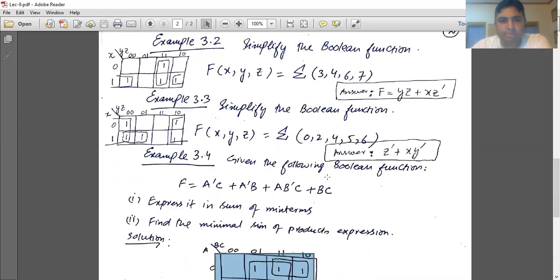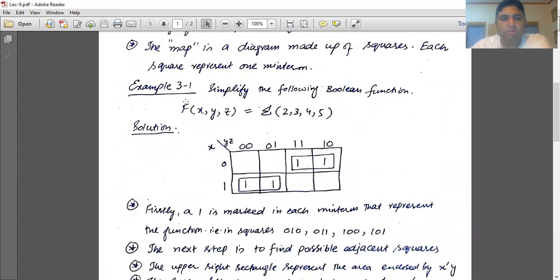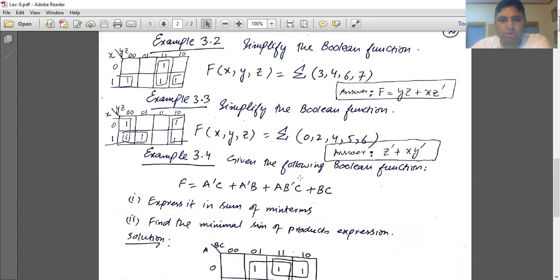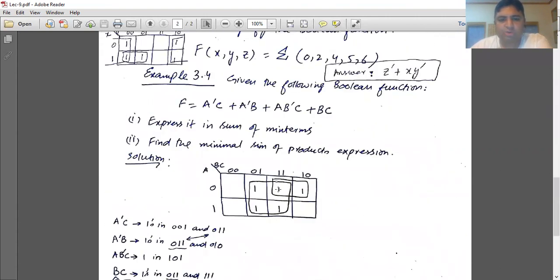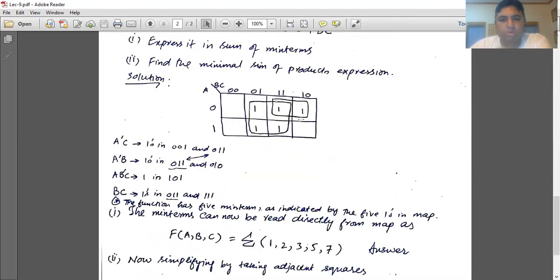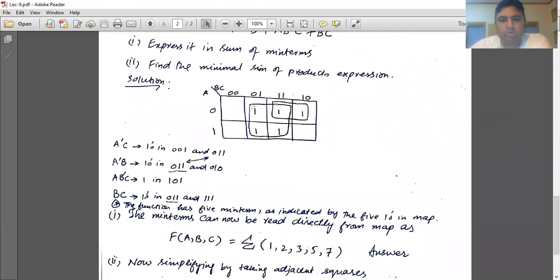In the last examples, 3.1, 2, and 3, he gave you the sigma terms and we were putting ones in the K map. Now, in example 3.4, we are doing the reverse process. We have ones in the squares, and we have to write the function in the form of sigma minterms. So we will read each square and write it in the sigma form.